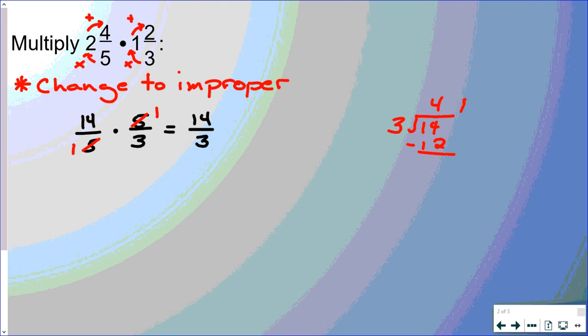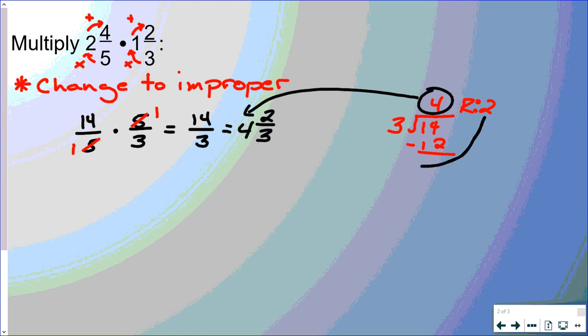So it goes in 4 times, and then there's a remainder of 2. So the way we would write this as a mixed number is 4 and 2/3. This number goes here, and the remainder goes here, and the denominator stays the same.